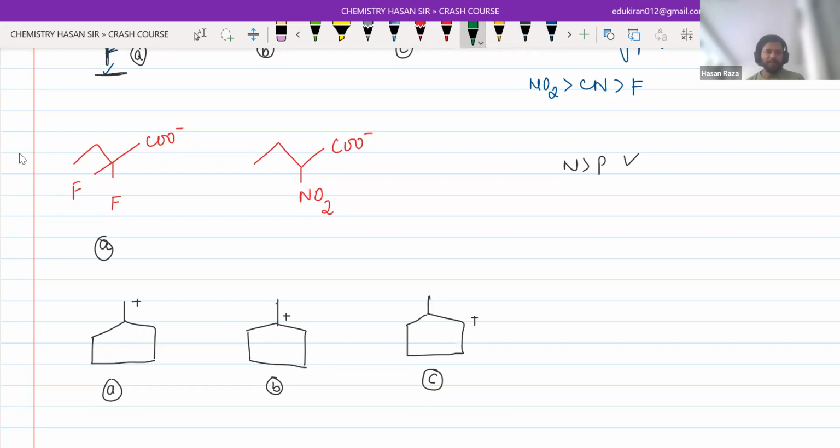Okay, this was correct. Please do this first. This is your carbocation here, and then the carbocation here, and then the carbocation here.